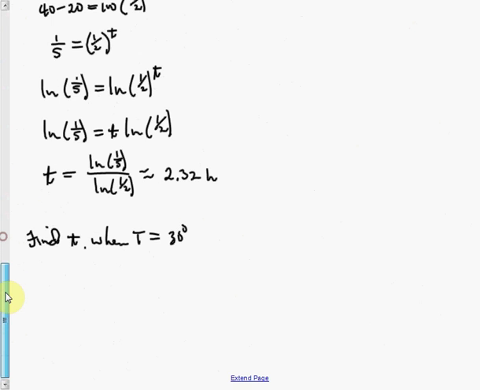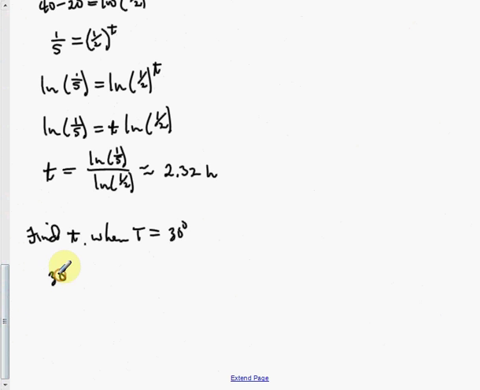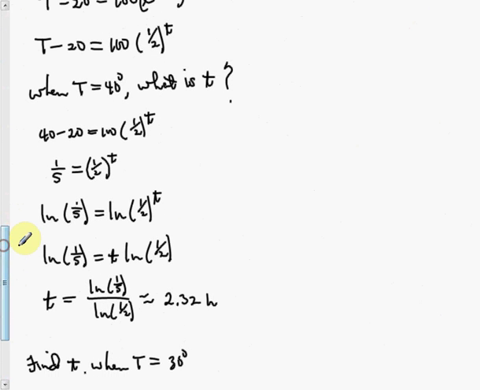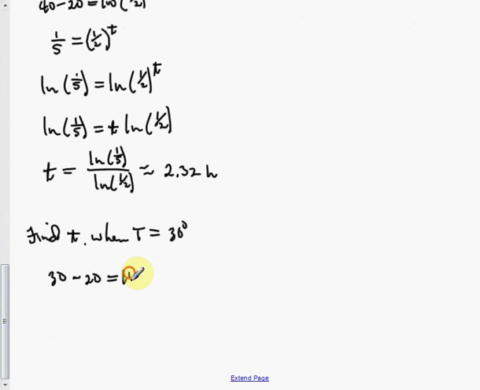And so 30 minus 20 is equal to 100 times the 1/2 to the t. And then you solve for t and just go through the same motion that we went through there. Okay? Any questions?